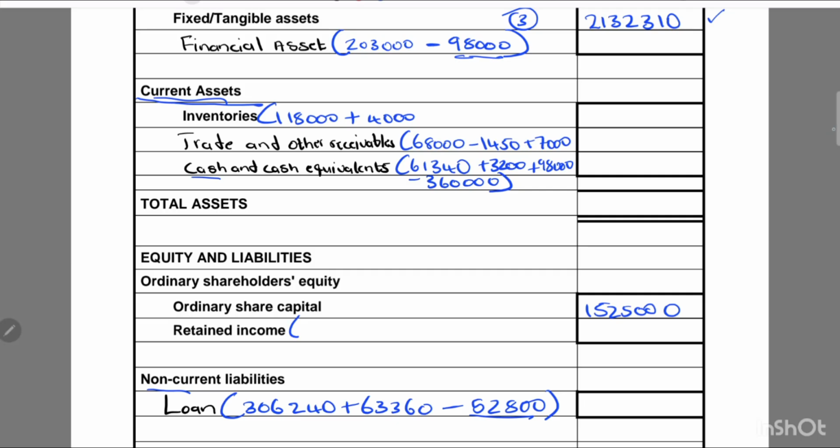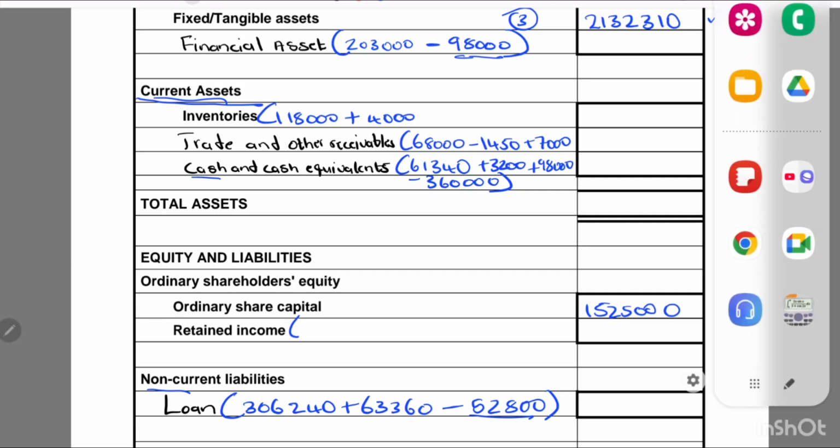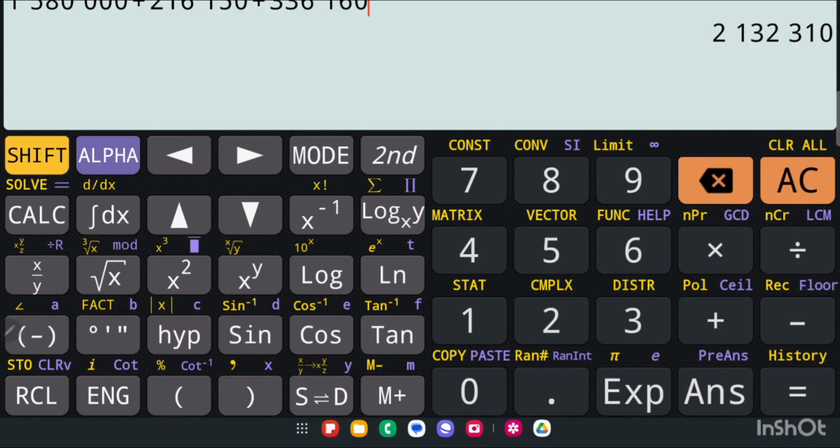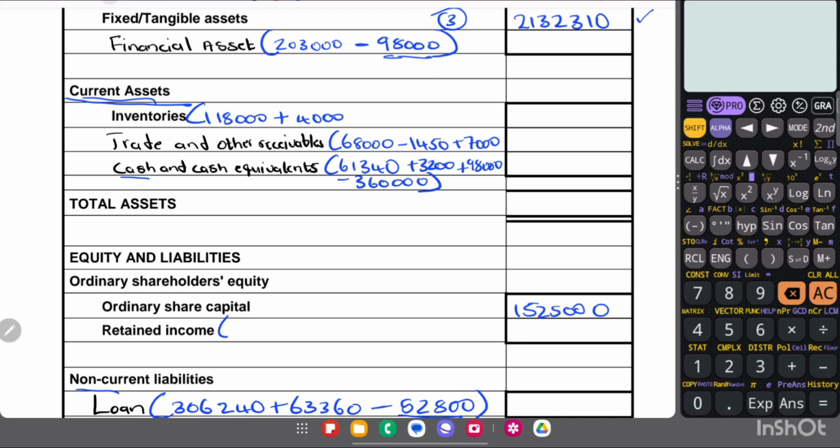Now let me enter it on my calculator: 61,340 plus 3,200 plus 98,000 minus 360,000. Then I'm getting minus 197. Now the question is, can I put a minus here on the balance sheet?